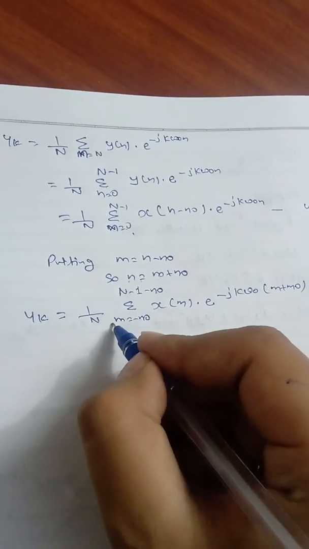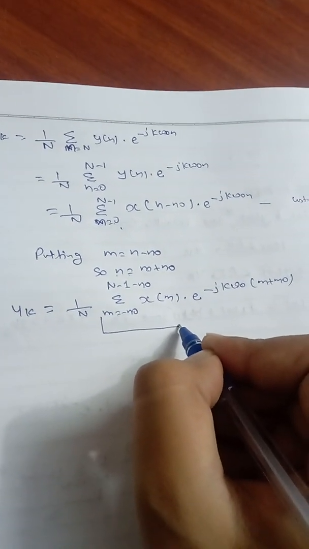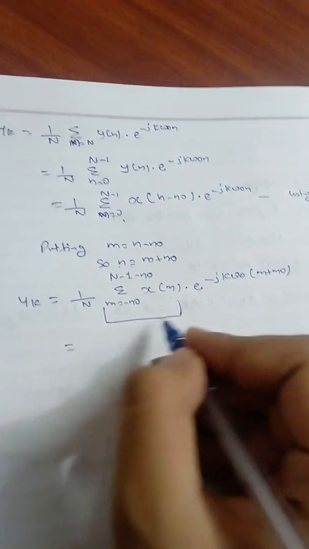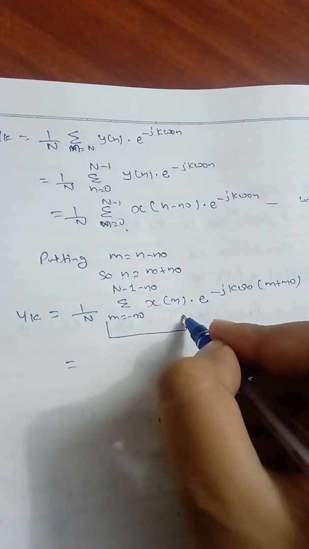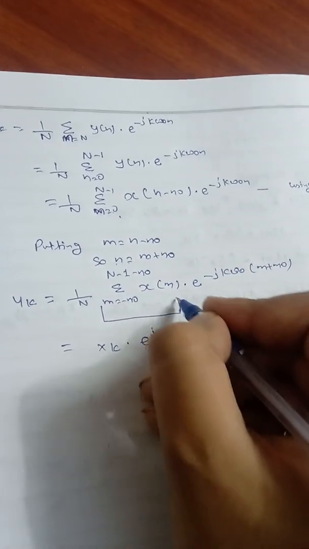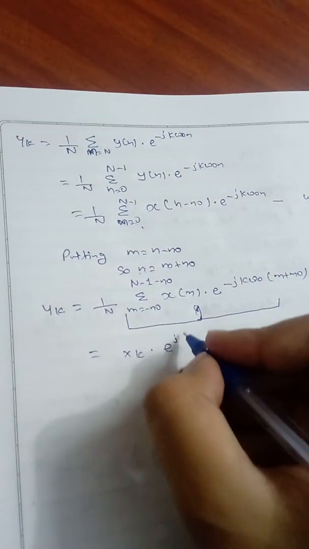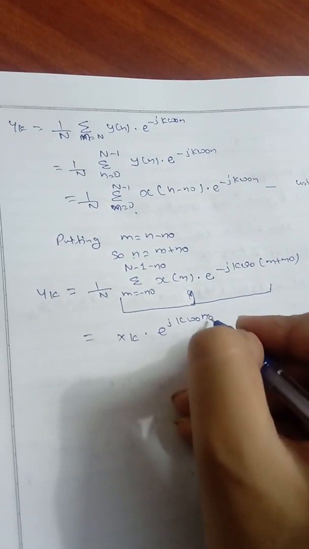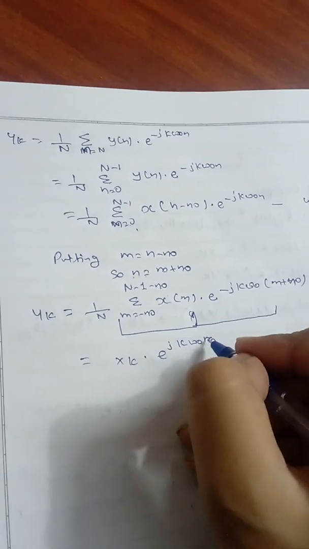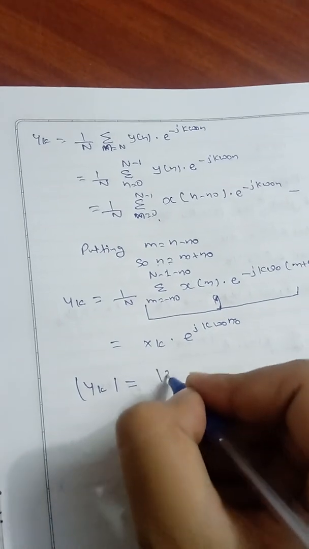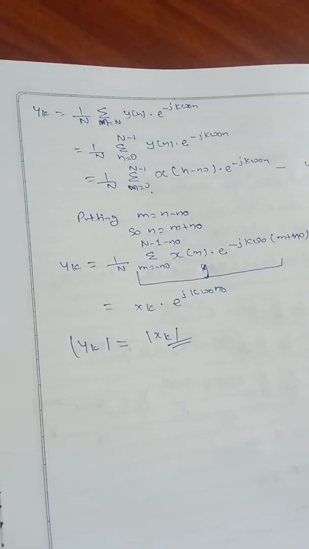Now this very term x of m is written as x of k into e raised to the power minus j k omega naught n naught. So here mod of y of k equals mod of x of k. So the time shifting property of discrete time Fourier series gets proved.